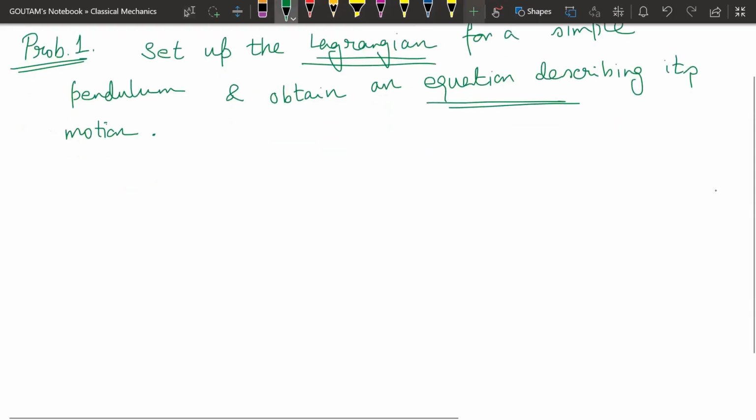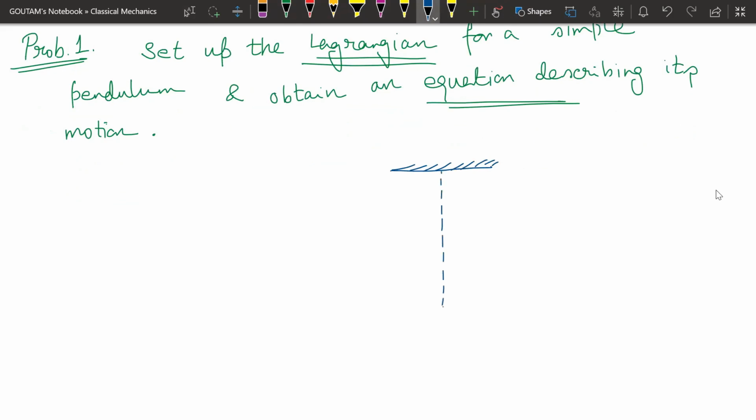So let's draw a simple pendulum first. Let's say this is the equilibrium position of this pendulum. This is the path it is oscillating.